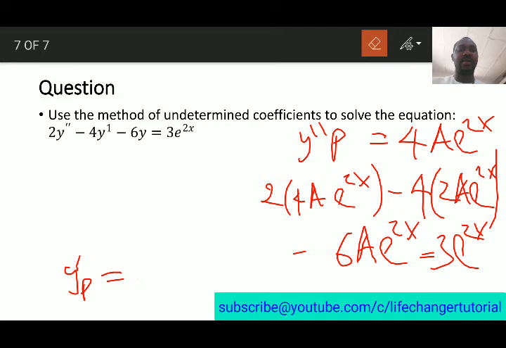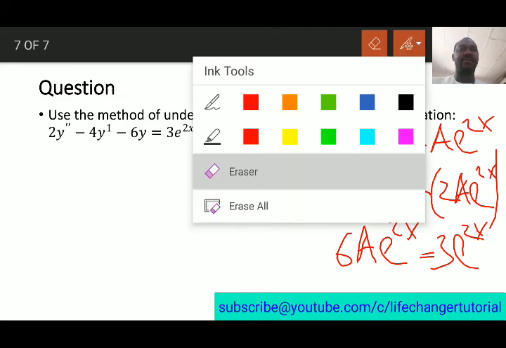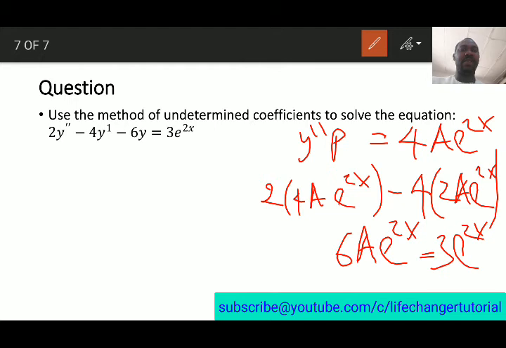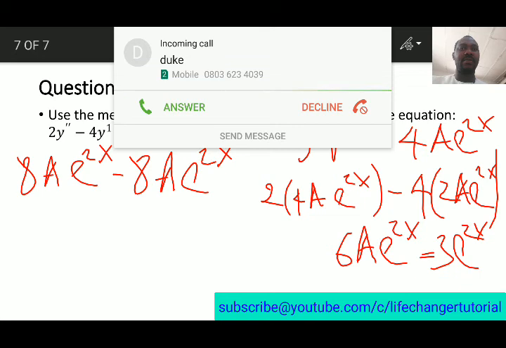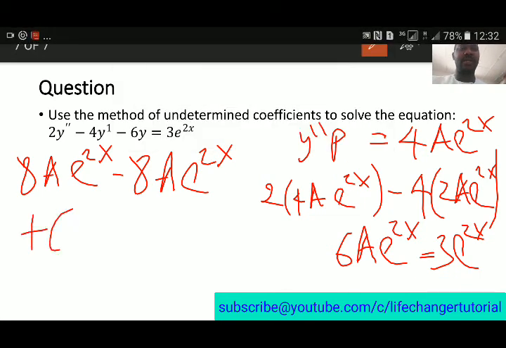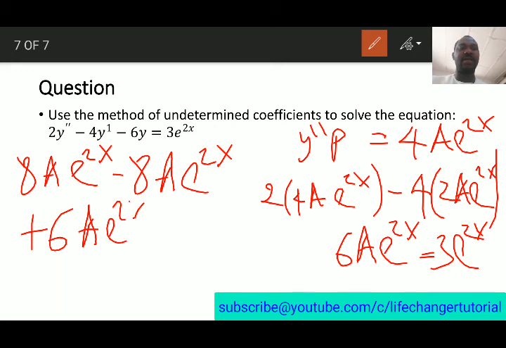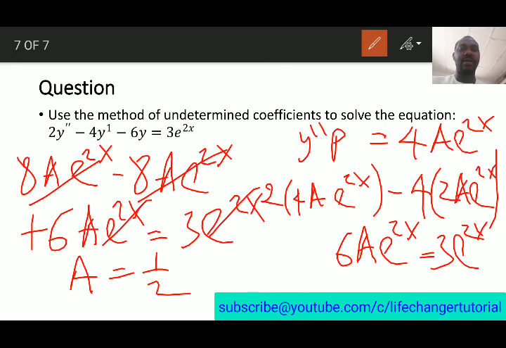So now, if we open up the bracket, we are going to get 8a exponential 2x minus 8a exponential 2x plus 6a exponential 2x, all equal to 3 exponential 2x. Exponential 2x cancels exponential 2x. So what is your a? Your a is simply 1 over 2.